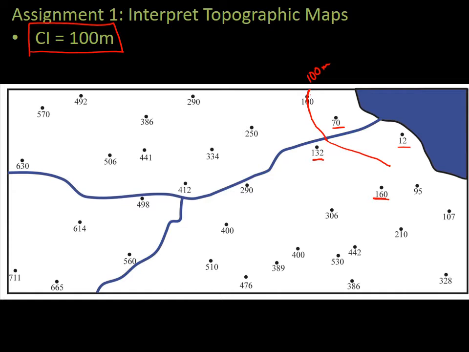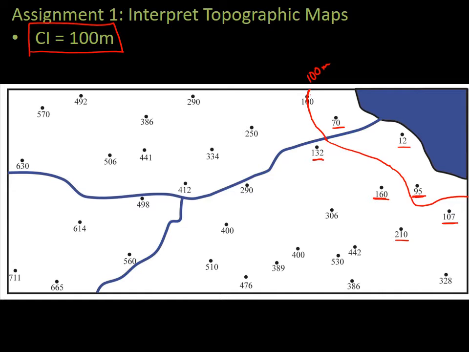I see 160, I see 95, and so 100 is between those two and closer to 95, so I'll take it about right there. And here I see 210 and 107. Well, both of those are larger than 100, so the 100 line doesn't go there, but I see 95 and 107, and 100 is in between those two, and so the line must go there, and I'll just finish it and take it off the map somewhere there. So that's the 100-meter contour line.